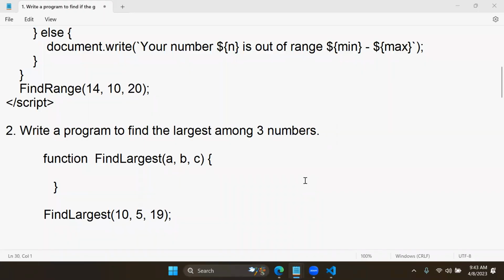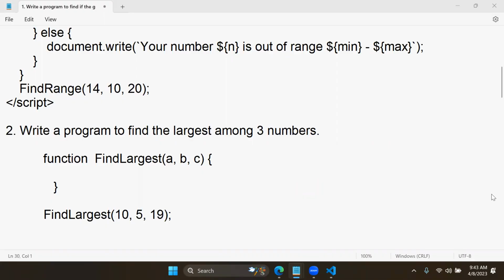A. Then what is left now? B and C. If B is greater than C, then B is greater. Otherwise, C is greater. You don't need another condition, another ampersand.